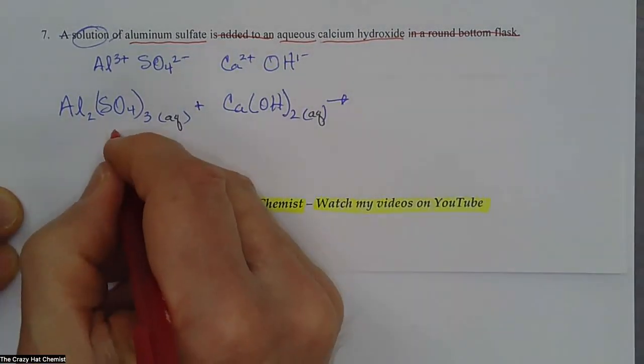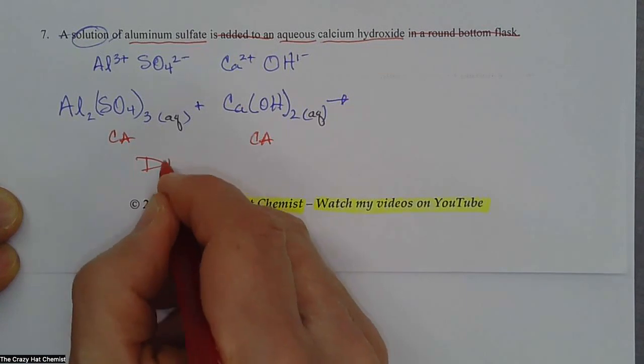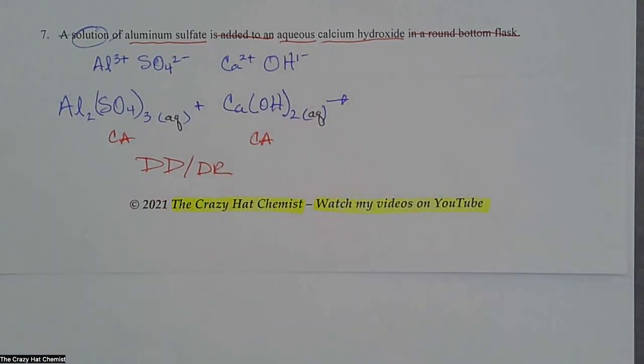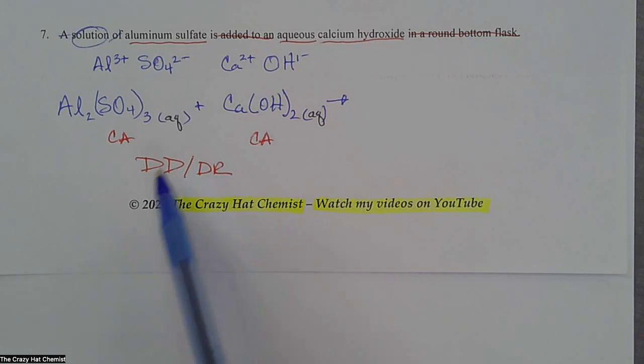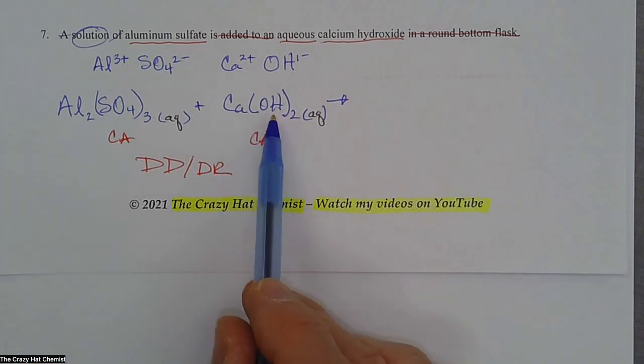This is a cation and an anion and a cation and an anion, so this is a double displacement, double replacement type of reaction. I want to make a quick note here about a really common error: writing calcium hydroxide without the parentheses would be incorrect. That's one of the most common errors that students make, not having the parentheses around hydroxide.